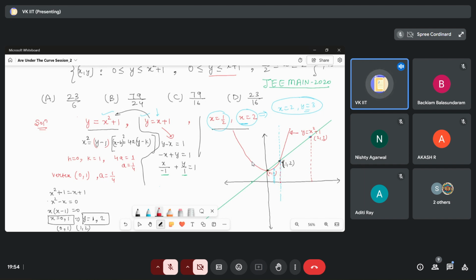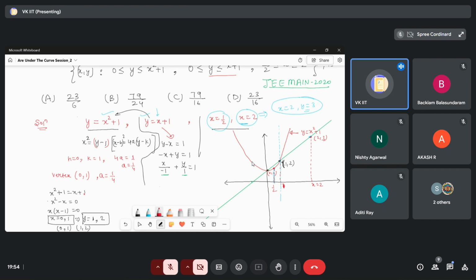These are the 3 points we'll be getting here. This point is x is equal to 1 by 2, x is equal to 1, and x is equal to 2. Okay, this is clear now.